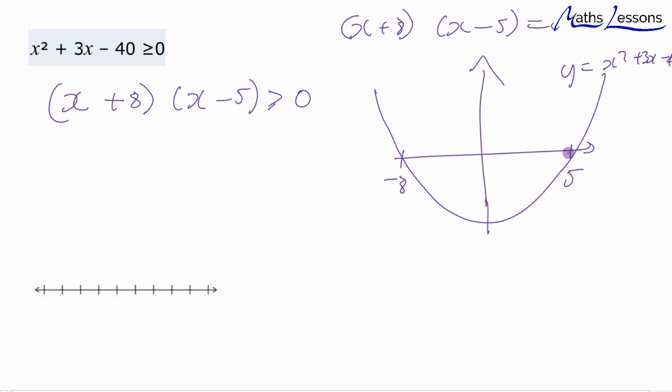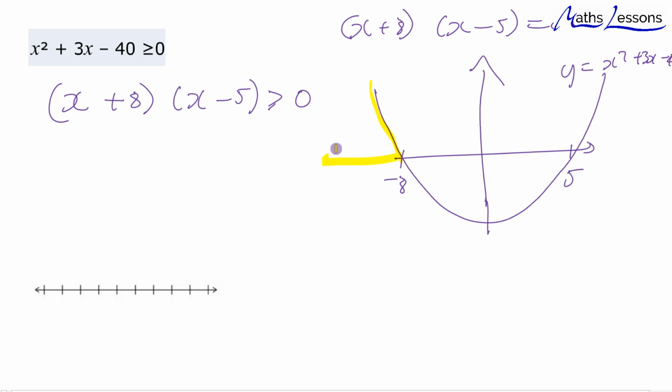It would cross at minus 8 and cross at 5 because the y value is 0 all the way along the x-axis. This actually tells us that when you solve this equation equal to 0, it tells you where it crosses the x-axis. So we know that it's crossing at 5 and minus 8, so 5 and minus 8 are our boundary values. And we want to know where it's greater than 0. Well, if this is our y value, then the y value is greater than 0 here and here.